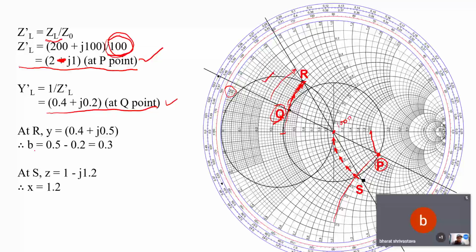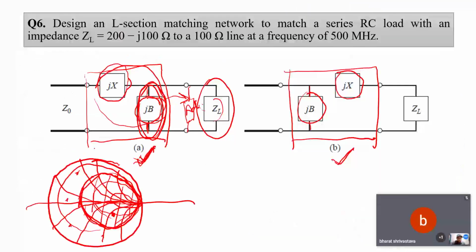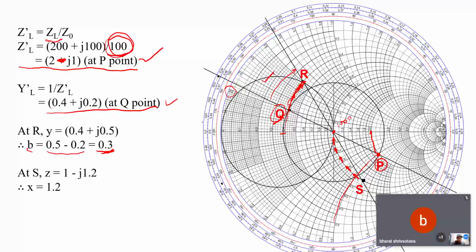So B we can find out, which equals 0.5 minus 0.2, which equals 0.3. So that much susceptance we have to add in parallel with this load impedance.